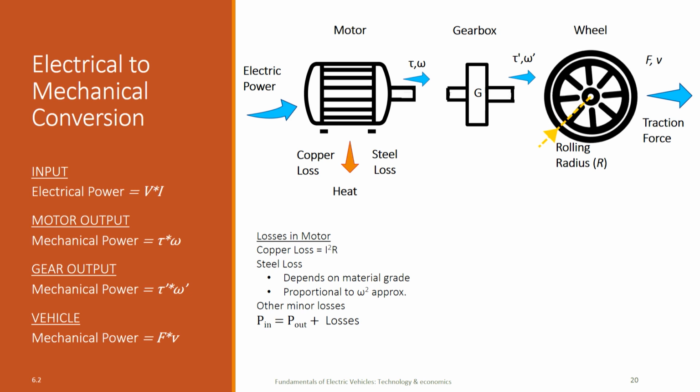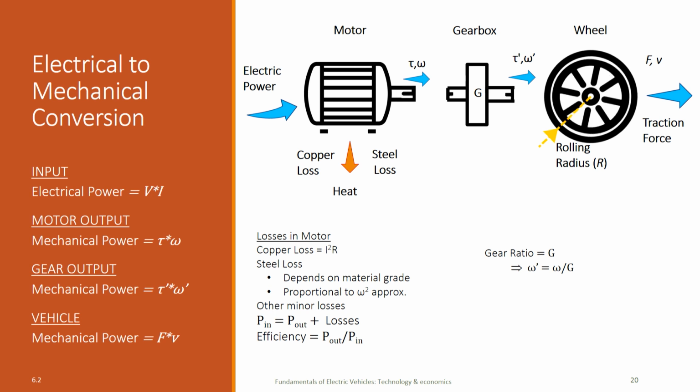So, the P out that is indicated there is the mechanical power, and what we are supplying is P in. The output mechanical power is always less than what we have supplied, and the ratio between them is called efficiency. This is as far as the motor efficiency is concerned, but that is not the end of the story. Next, let us look at the gearbox.